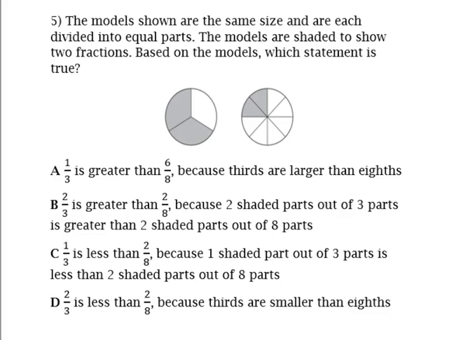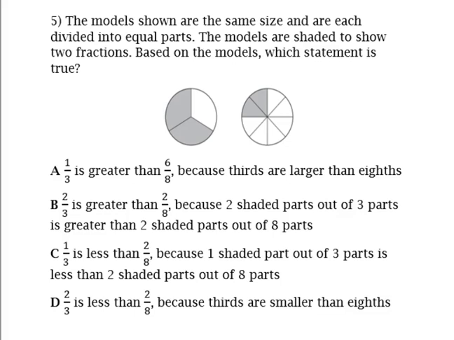The models shown are the same size and are each divided into equal parts. The models are shaded to show two fractions. Based on the models, which statement is true? Okay, so let's look at our models. On the left-hand side, we see that the circle is separated into how many sections? 3, okay?